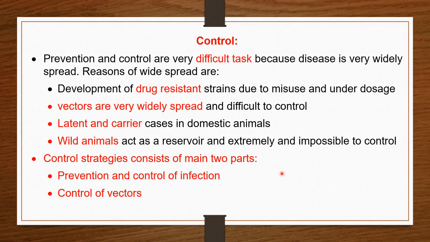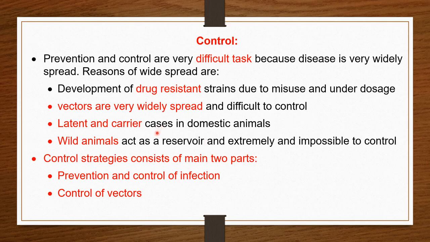Regarding prevention and control, it is a very difficult task because the disease is very widely spread. The reasons for this are the development of drug resistant strains due to misuse and underdosing during treatment. Vectors are very widely spread and complete control is very difficult.